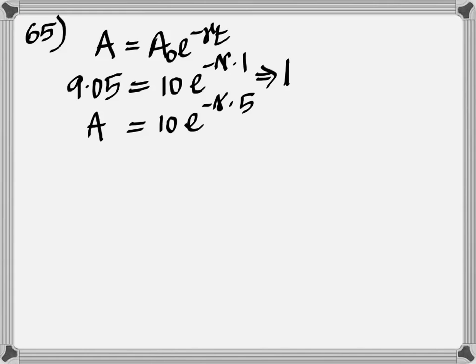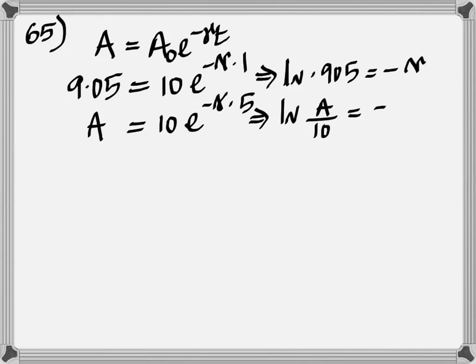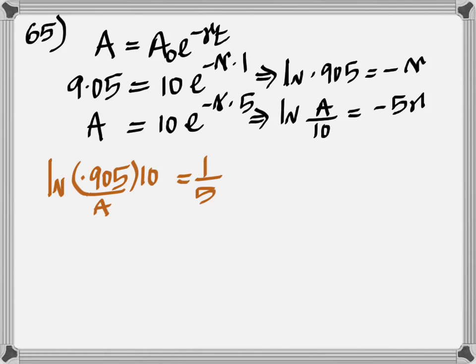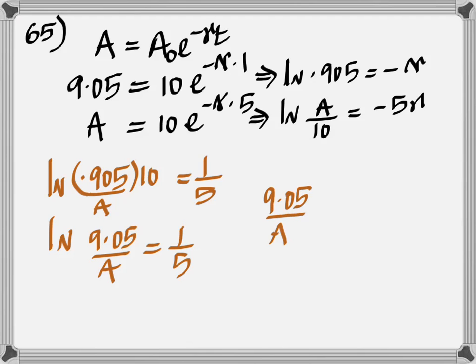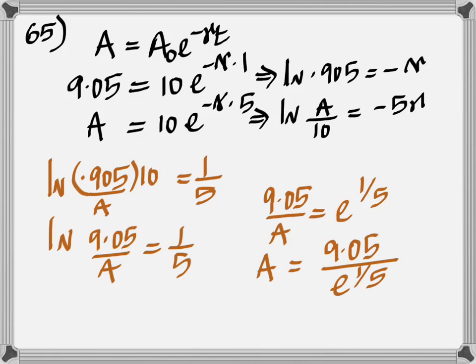You can do it your way. You can divide the 2 equations, isn't it? Or get rid of the exponential because I don't like it. And then divide. See? Got rid of the exponential by using the natural log on the other side, then divide. And you have to be a little bit more careful on this one. And you would end up with the right answer if you are careful. 7.41 centimeter.